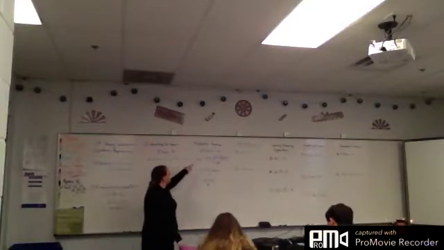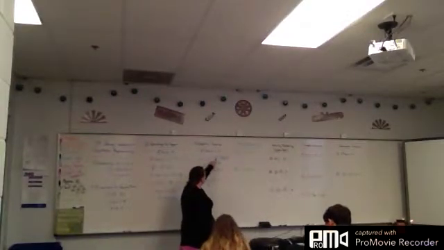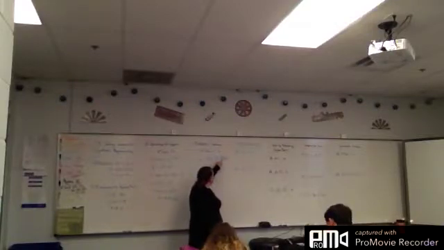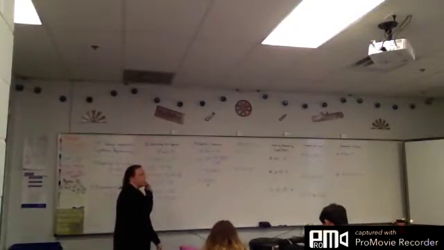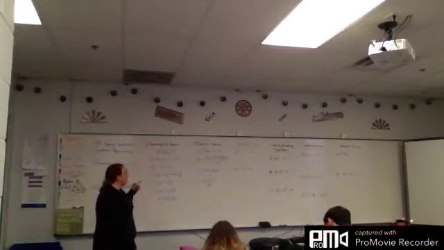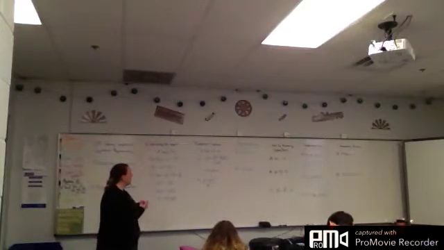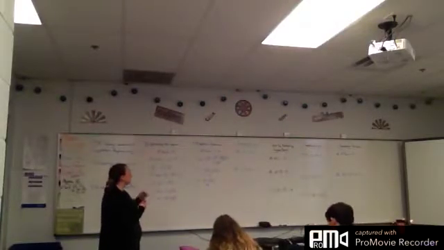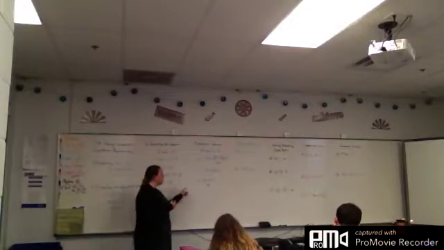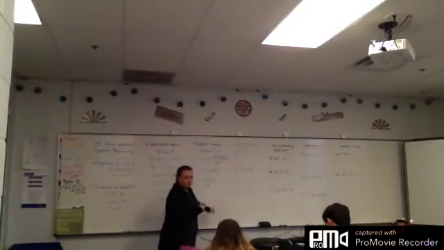You take the opposite of b, plus or minus the square root of b squared minus 4ac all over 2a. And you reduce it down and do what you can. You get x equals negative 3 plus or minus the square root of 9 plus 8 over 4. So x equals negative 3 plus or minus radical 17 over 4. Unless they specify, you can leave it in that form.